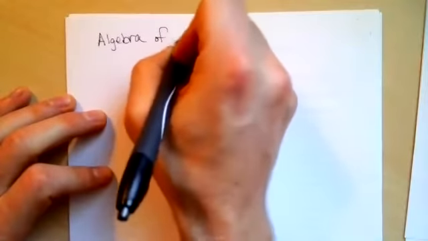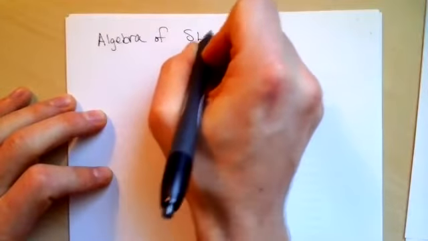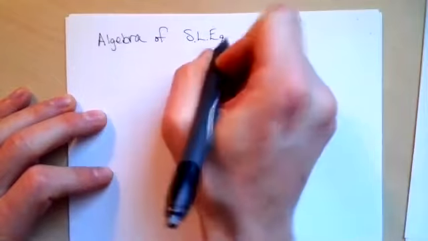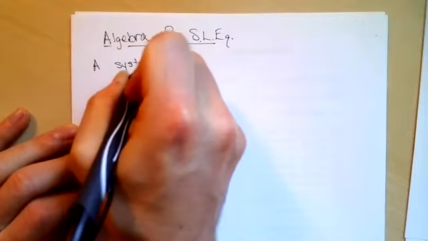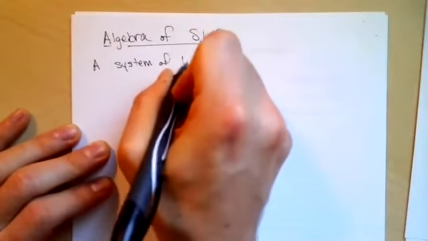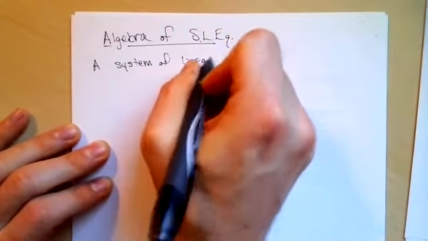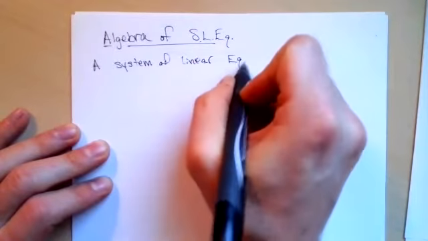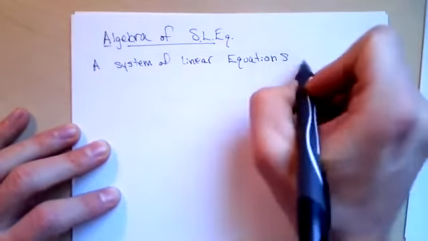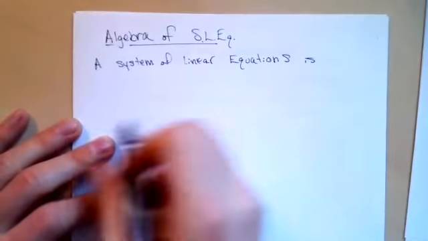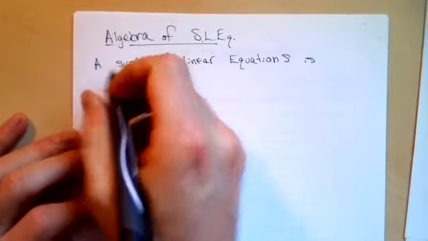Algebra of the systems of linear equations. So a system of linear equations is essentially an array of equations.